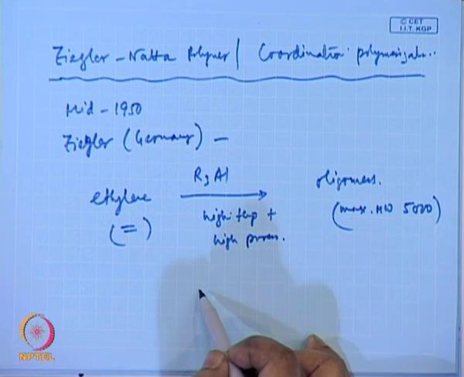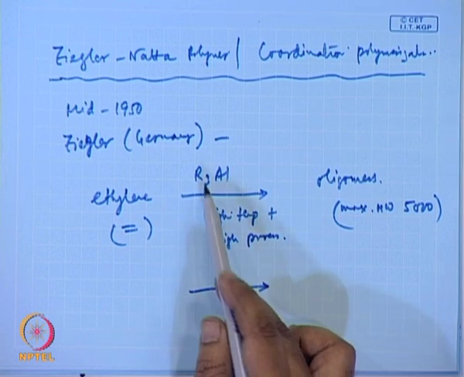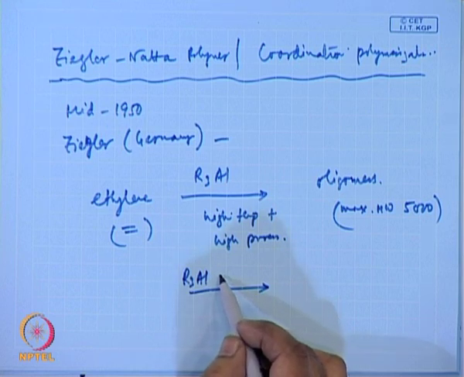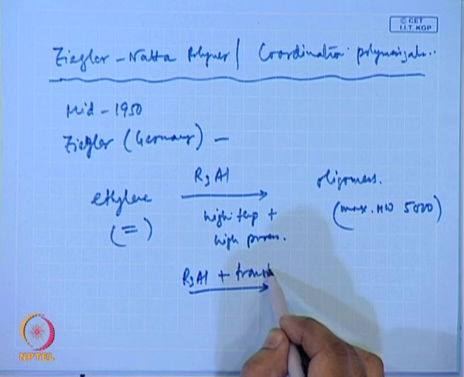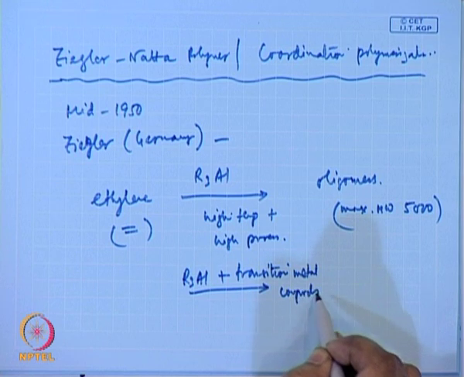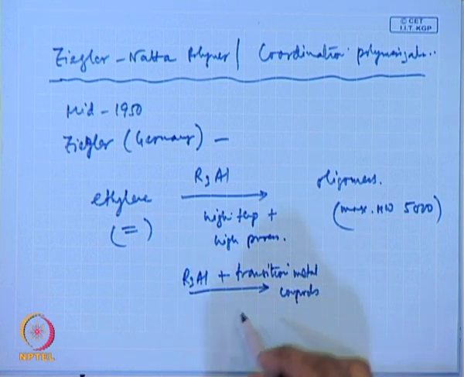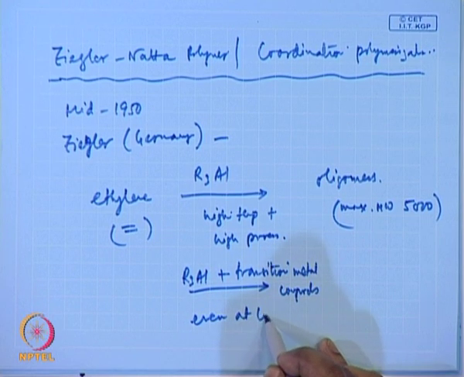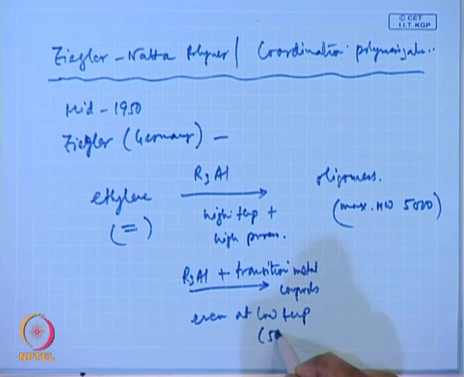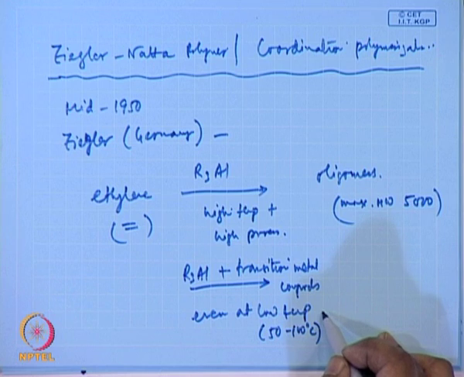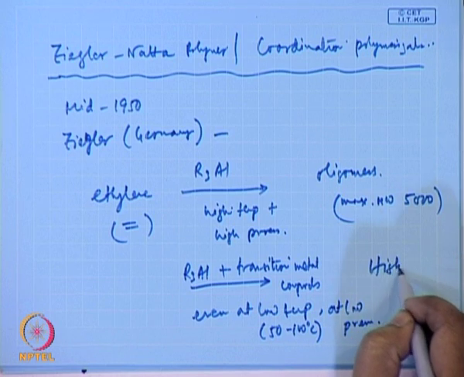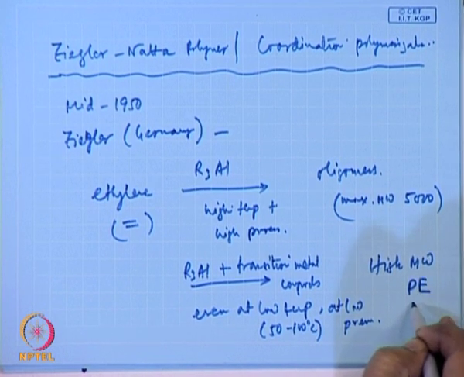What happened when he added some transition metal compounds to this alkyl aluminum? Then, even at low temperature, say low temperature means 50 to 100 degrees centigrade, and at low pressure, he got very high molecular weight polyethylene.